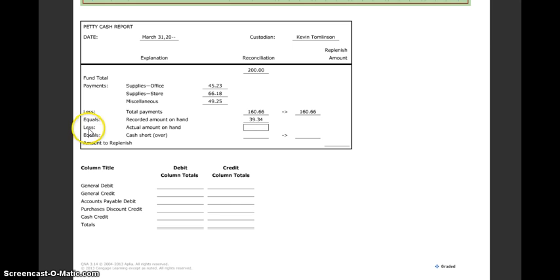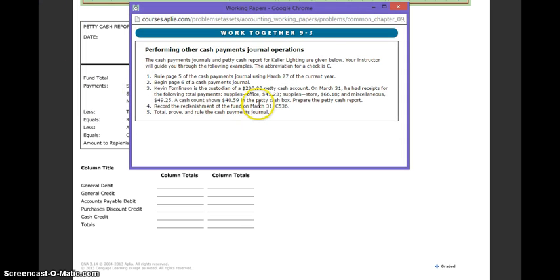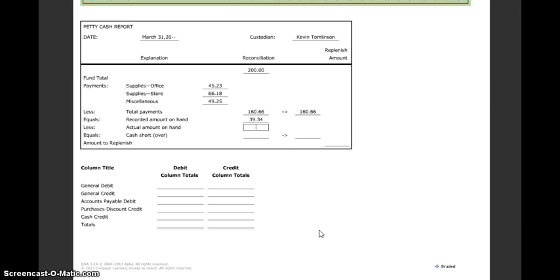This is the amount right here, less, so we're going to subtract the actual amount on hand. The actual amount on hand right here is the cash count of $40.59, the amount they gave us in the instructions. So that amount goes right here, $40.59. When it says less, that means we have to subtract. When we take 39.34 and subtract 40.59, we're going to end up with a negative number.